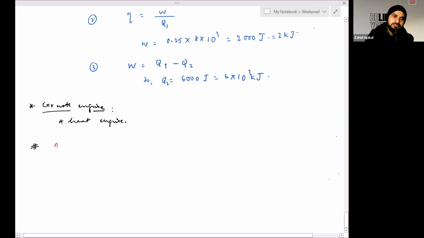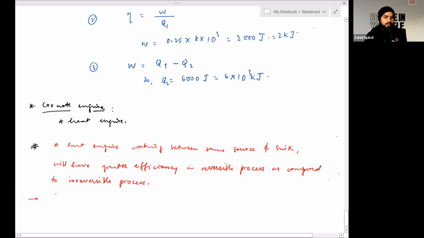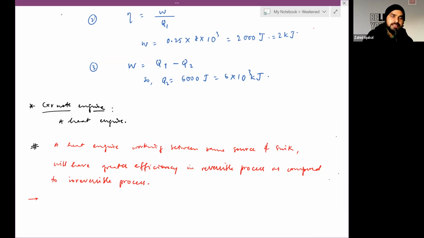It means a heat engine in a reversible process will always have greater efficiency as compared to an irreversible process.